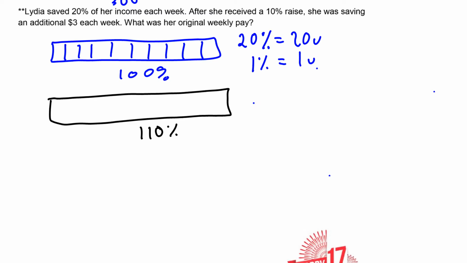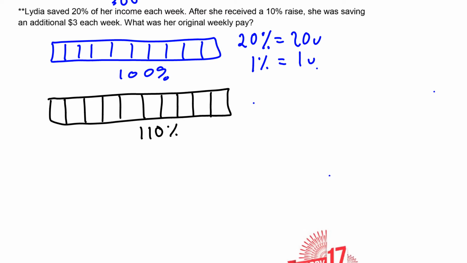Now, if I want to find out what 20% of 110% is, we're going to use the same process that we just did. We're going to take this unit bar and we're going to split it into 10 equal parts. So we've got our 10 equal parts here. Hopefully, it's getting late. 1, 2, 3, 4, 5, 6, 7, 8, 9, 10.